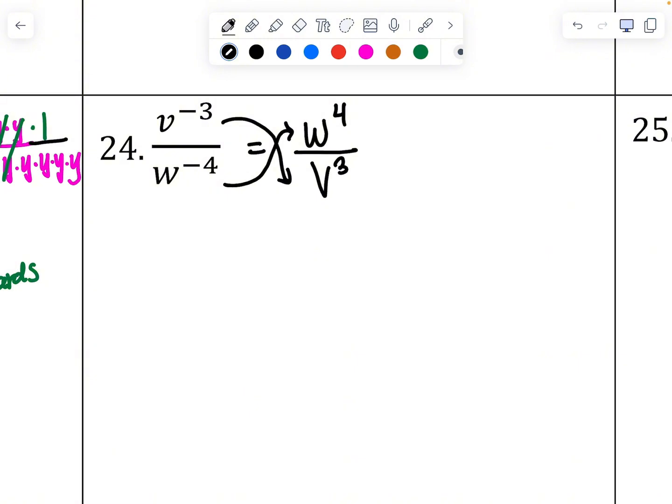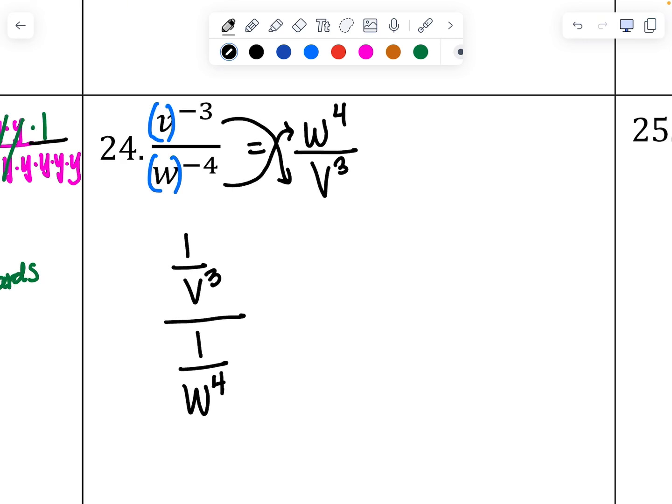Another way to do it is you know that you're going in the opposite direction, so you're dividing by v. So 1 over v, you see it done 3 times, and then 1 over w to the power of 4, because you're dividing by w four times. So that's 1 over w to the 4th.